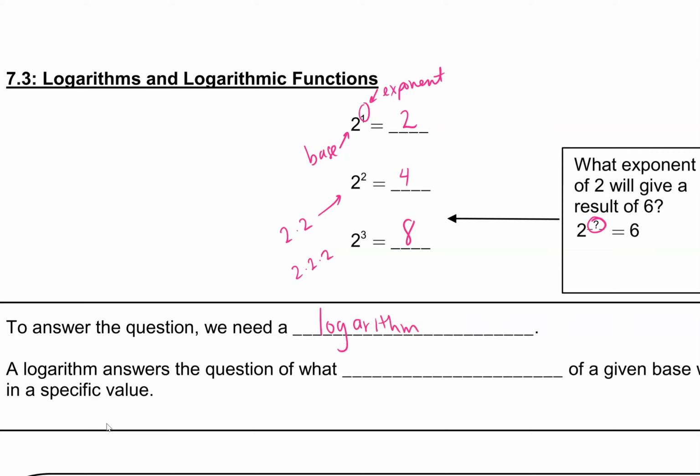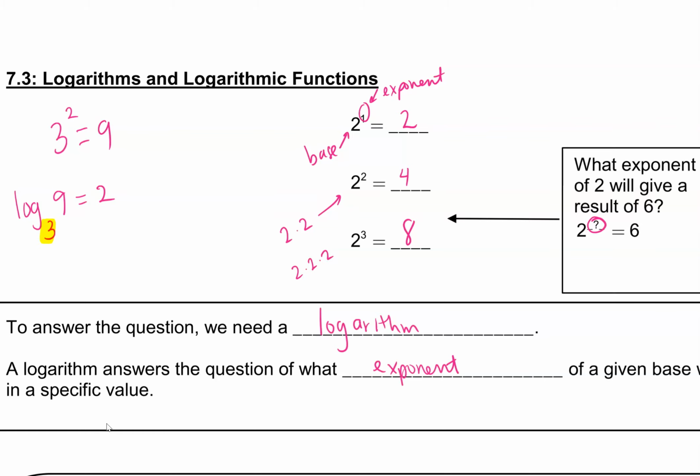So a logarithm answers the question of what exponent of a given base will result in a specific value. If I have something like 3 squared is equal to 9, I want the answer to be what exponent it is. So I say log base 3 of 9 is going to be 2.